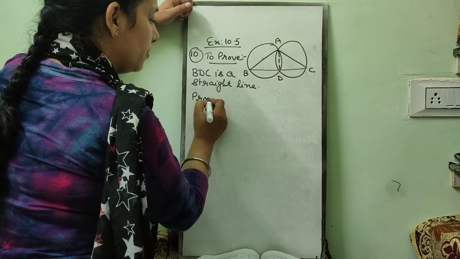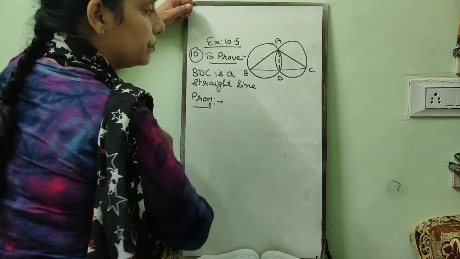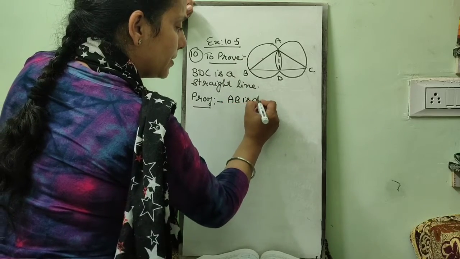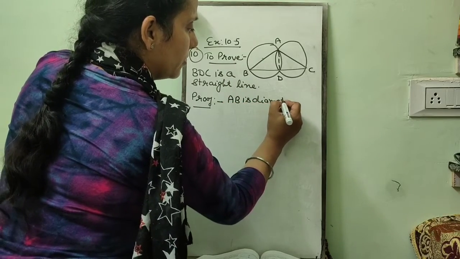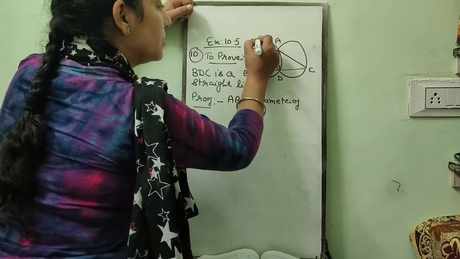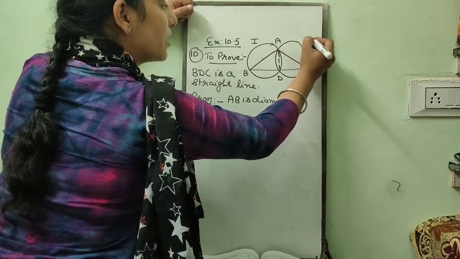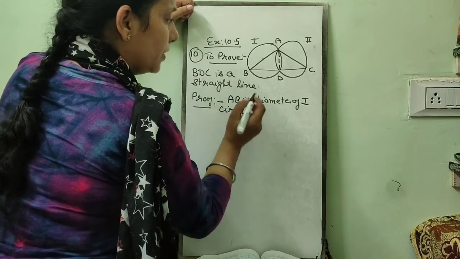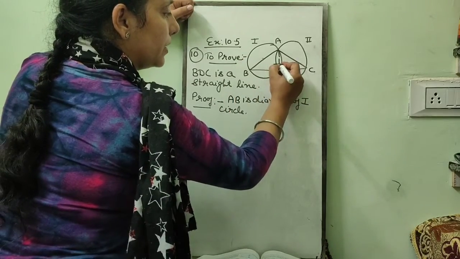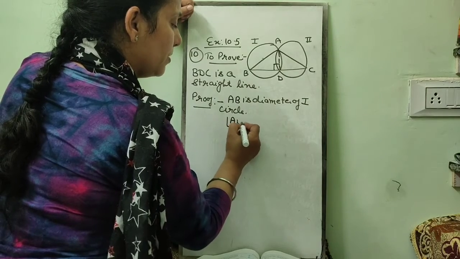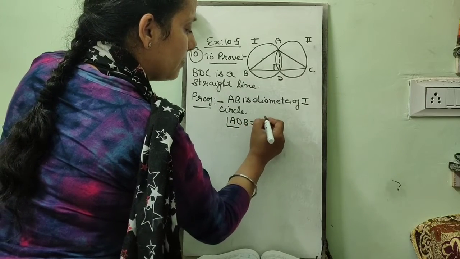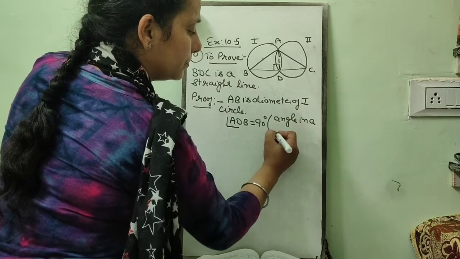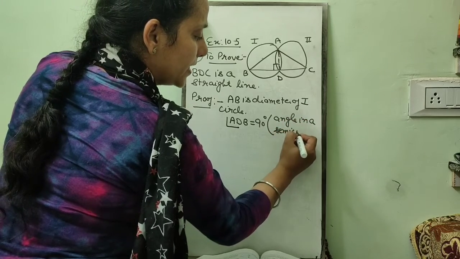Now come to proof. For the first circle, AB is diameter. This is the first circle, this is the second circle. AB is the diameter of the first circle. It means this angle ADB will be 90 degrees. Why? Angle in a semicircle is a right angle.